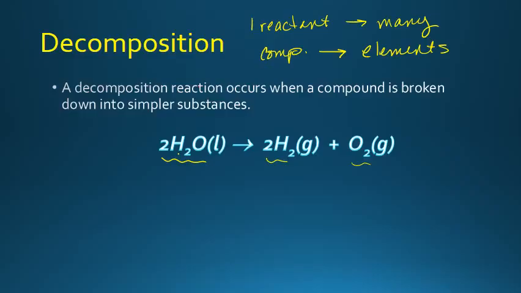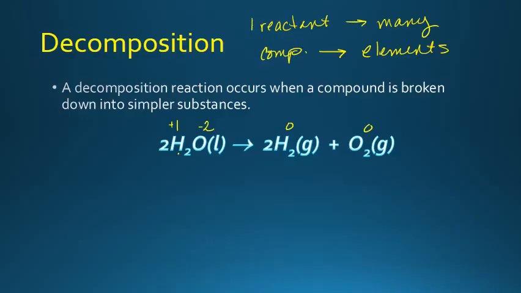Decomposition is a redox reaction. If we look at the oxidation numbers, oxygen is -2, hydrogen is +1. Here, hydrogen is 0 because it's an element, and oxygen is 0.